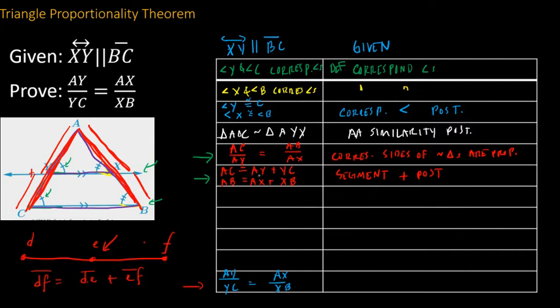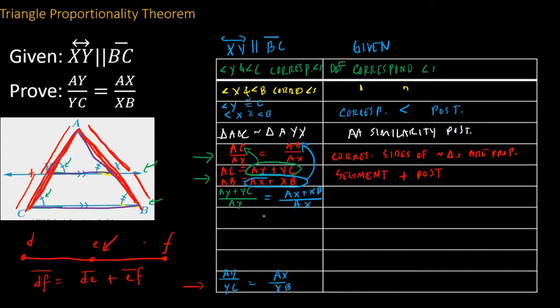If I know that AC is equal to AY plus YC, can't I plug that in there? Can't I say that AY plus YC over AY would be an equivalent statement? And couldn't I do the same thing if I know that AB is equal to AX plus XB, and plug that in for AB? So couldn't I say that that is equal to AX plus XB over AX?